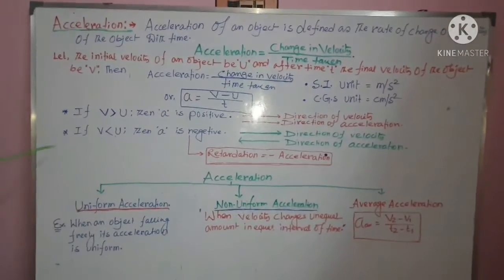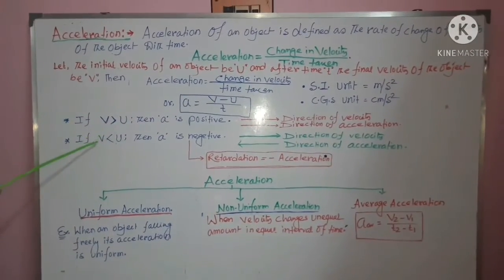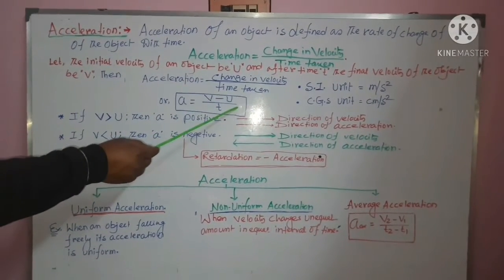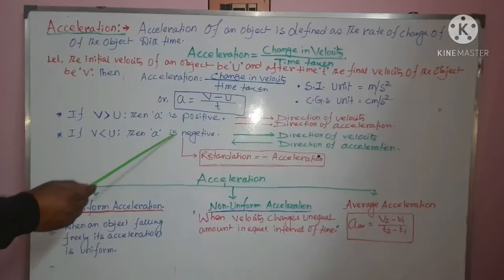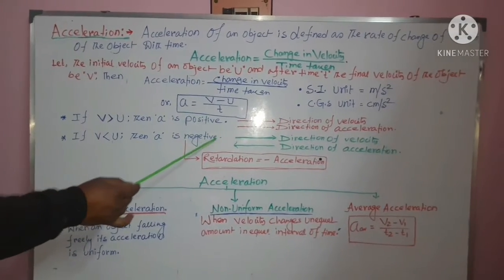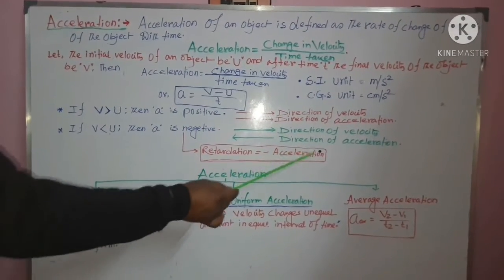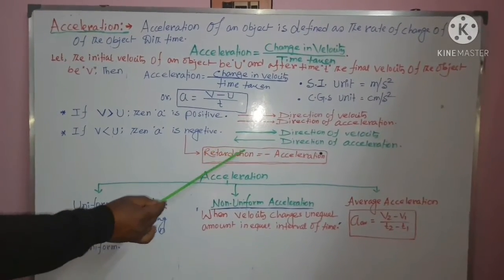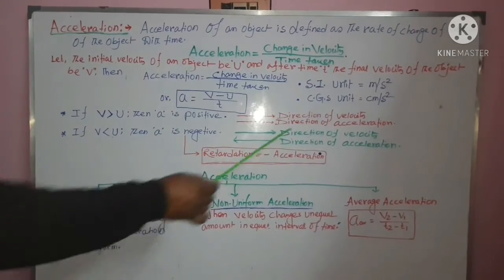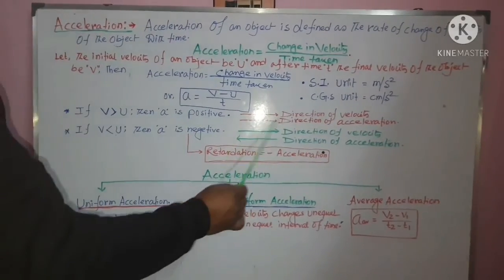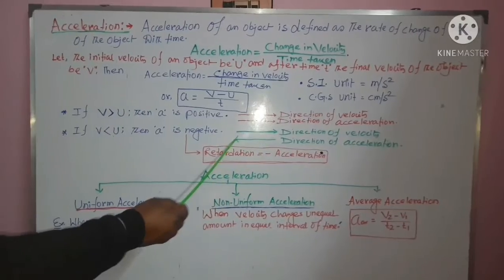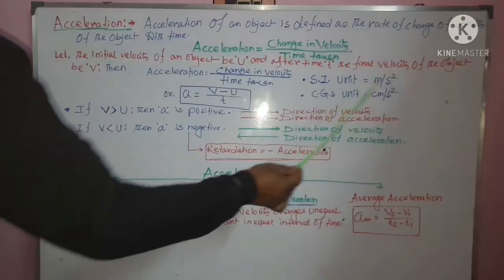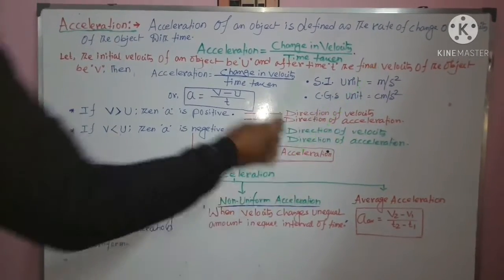Now, if v is less than u, final velocity less than initial velocity, then acceleration is negative, and this negative acceleration is known as retardation. In this situation, the direction of velocity and the direction of acceleration are opposite.